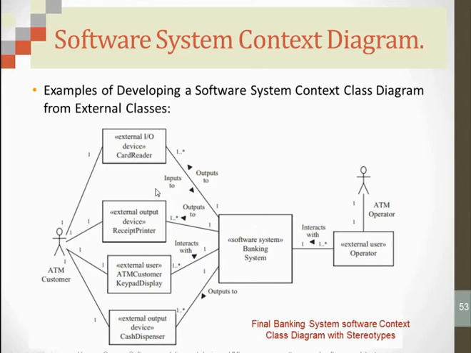Inside the system is only the system, while all the others are considered external systems or external devices. For example, the card reader is input and output, we have the receipt printer as external output and other external devices, and here we have external users.